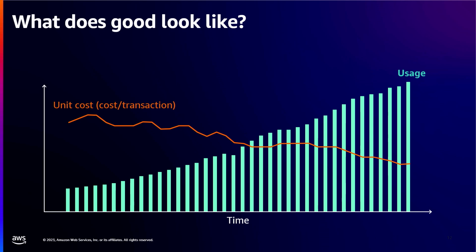As your business grows, as your customer demands increase, so does your cloud resource usage. So our goal is to make sure that you can develop and build whatever you want on AWS, but we can try to keep your unit cost down.